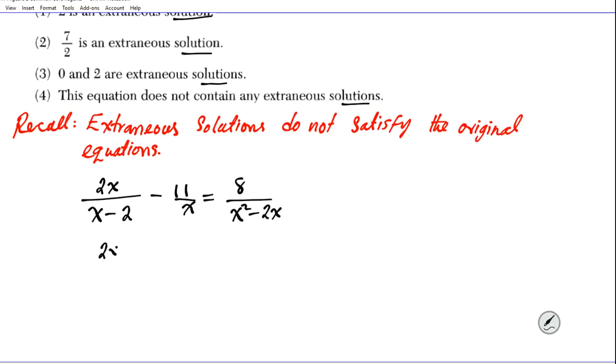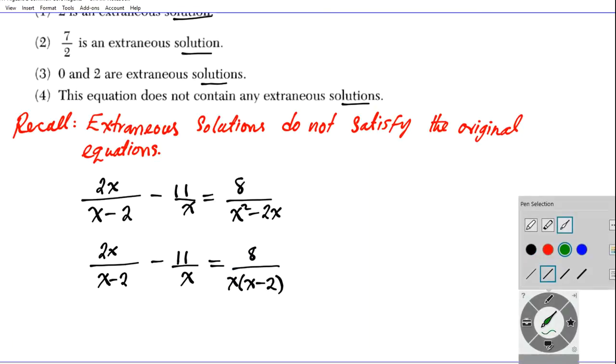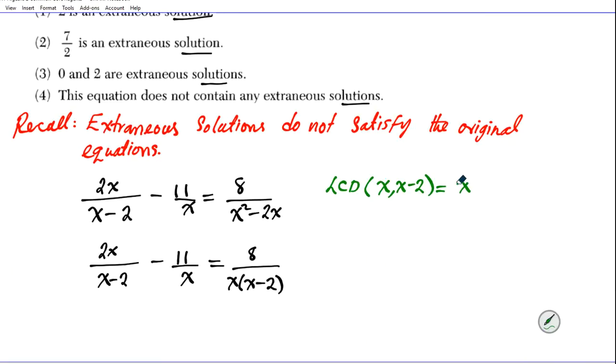So we have x minus 2, which is prime and cannot be factored further. Then x, that's prime also. And x squared minus 2x, you can factor out an x, so you have x times x minus 2. So it's nicely factored. The question is, what is the LCD of the denominator factors, x and x minus 2? The LCD is simply the product, since they're coprime, x times x minus 2.